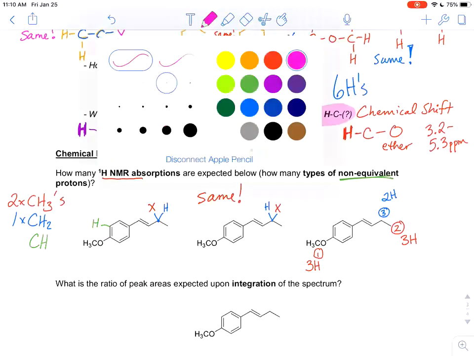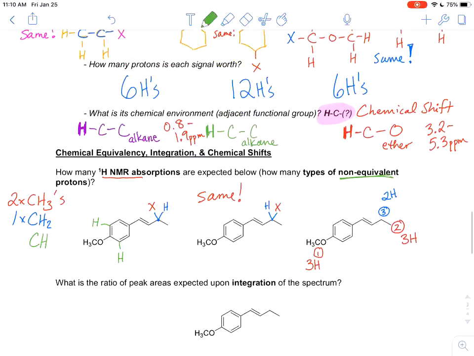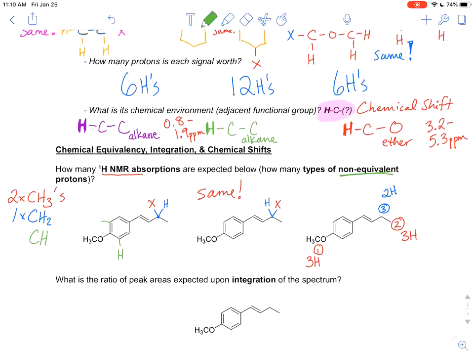Anyway, we're trying to figure out if these two hydrogens are the same or different. We can do the same thing for all of these, but I'm going to start one at a time. I'm going to first compare if those two are the same or not. And we do that by replacing one hydrogen with an X group. So let's say on one of them, it'll be an X group here, X group here.